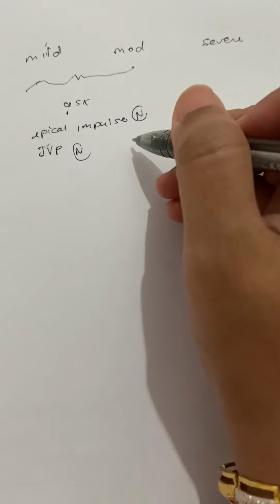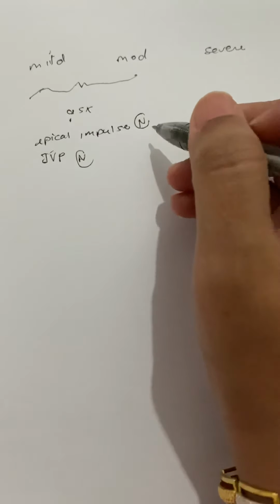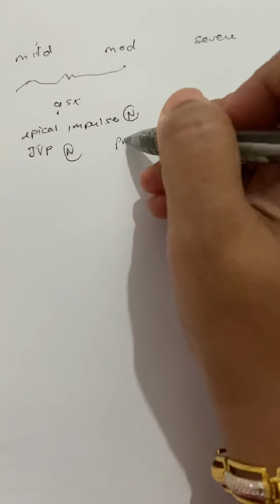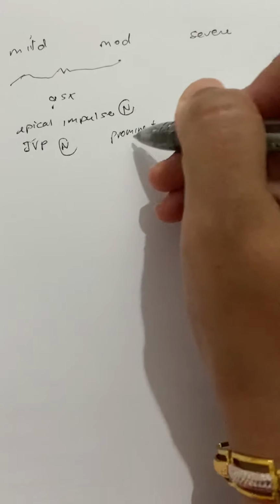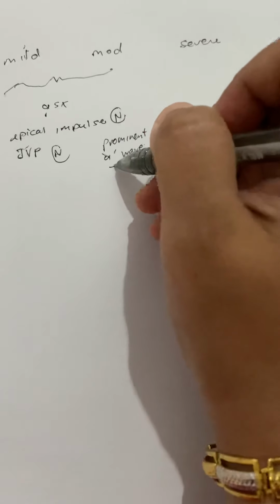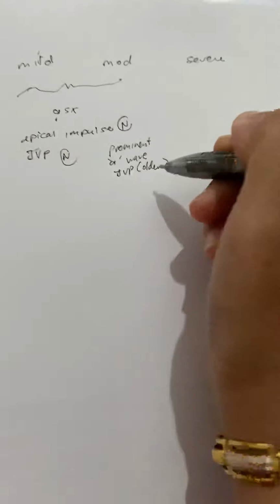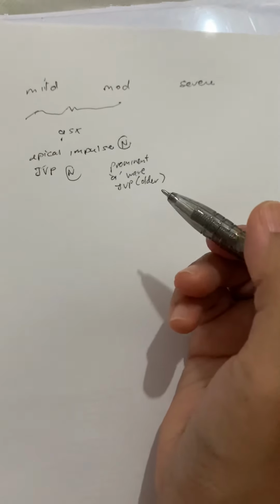In moderate pulmonary stenosis, it will be slightly raised, so there will be a prominent A wave in the JVP. This is usually in older children.